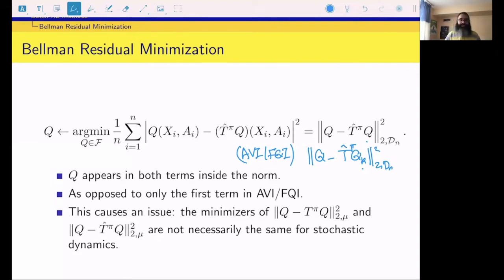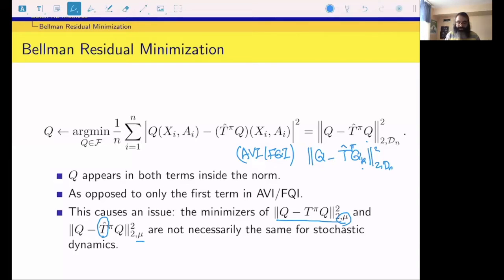And this is actually an issue. This causes an issue because the minimizers of, say, the true Bellman error, Q minus T pi Q, and I'm not even talking about the distribution over X coming from mu, and the minimizer of the one that has T hat, where we are replacing it with one sample, again with the same distribution, are not necessarily the same if the MDP is stochastic.